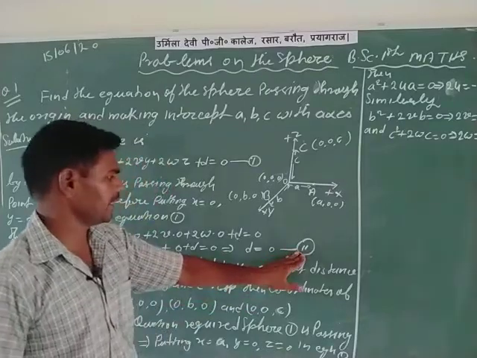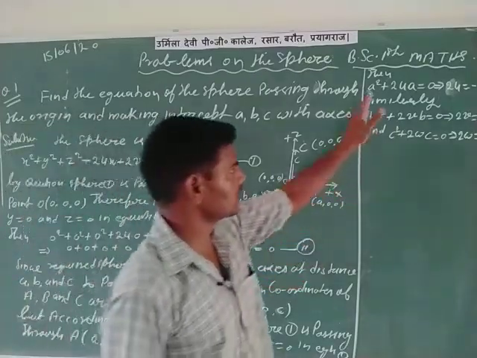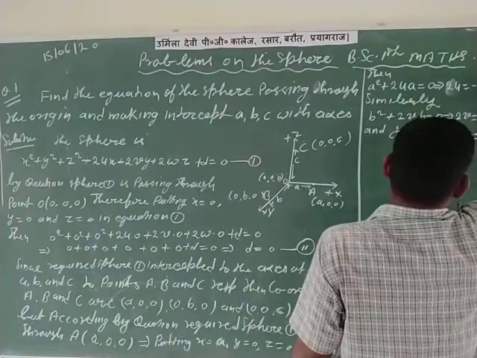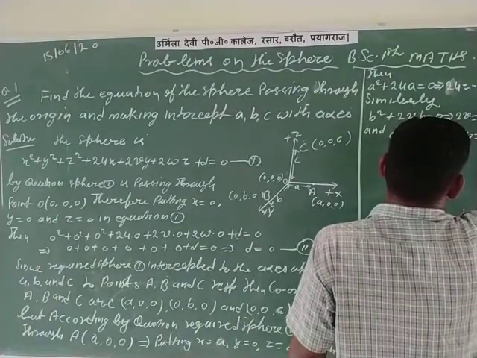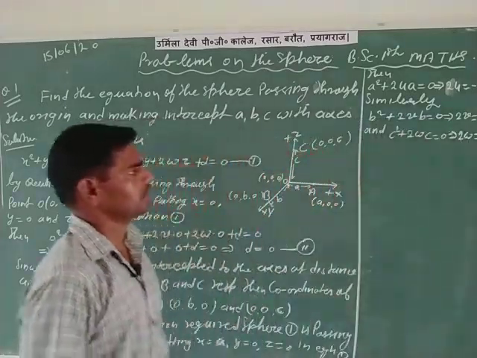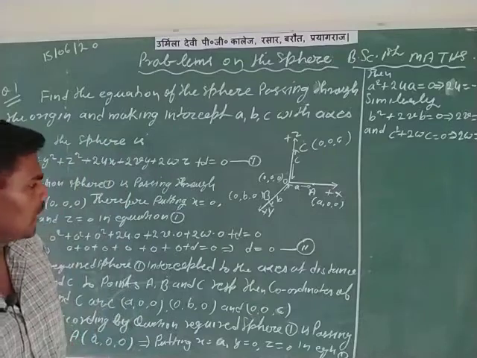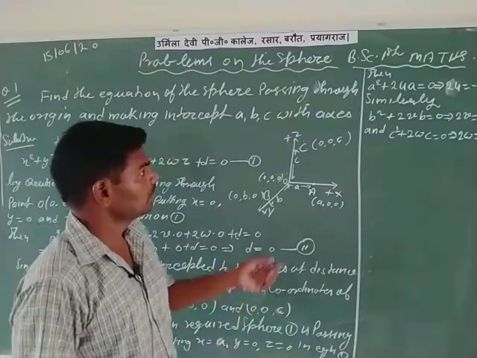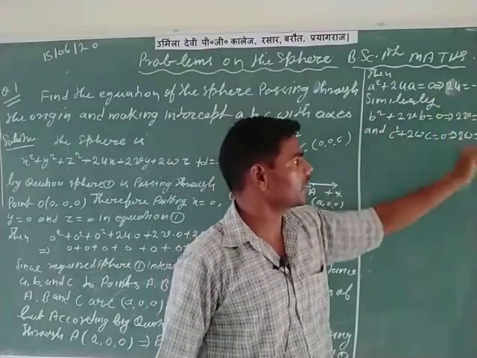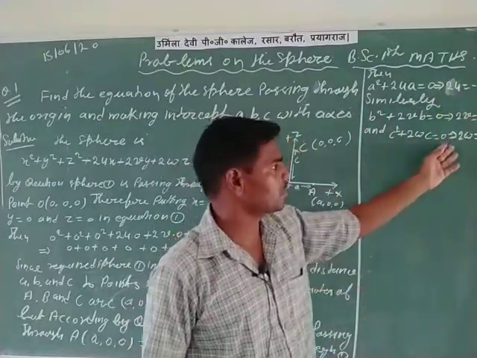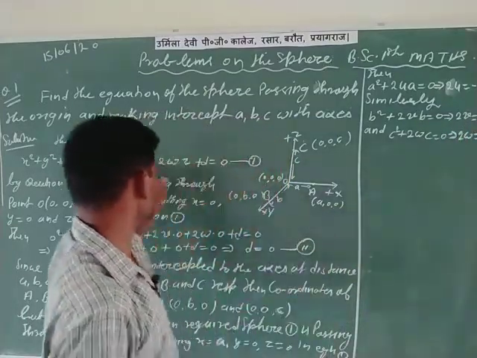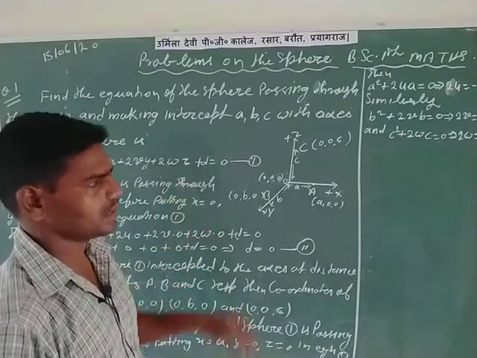So from equation second and from these equations, represented by equation third, equation fourth and equation fifth, putting all the values of d equal to 0, 2u equal to minus a, 2v equal to minus b and 2w equal to minus c in equation first, then the equation of the required sphere is clear.